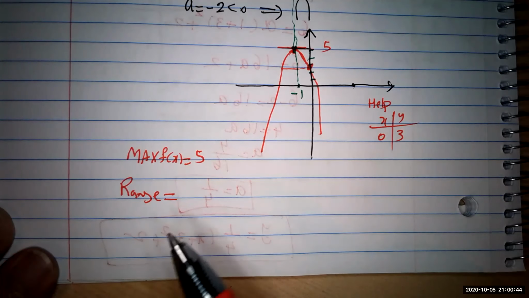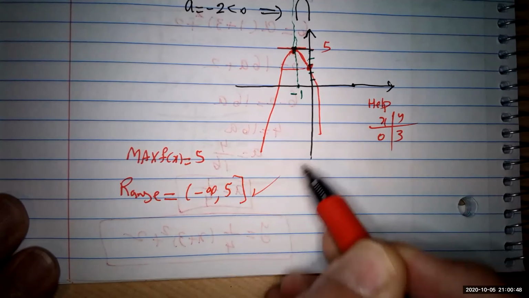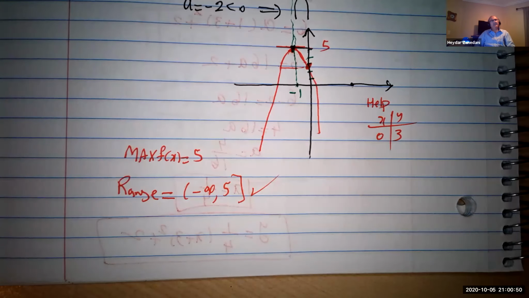Negative infinity to 5. That's it. Very good. Because when the maximum is given, the end is given. The end is the 5, so we start from negative infinity. If the minimum is given, the beginning is given. So that's going to be case 1.